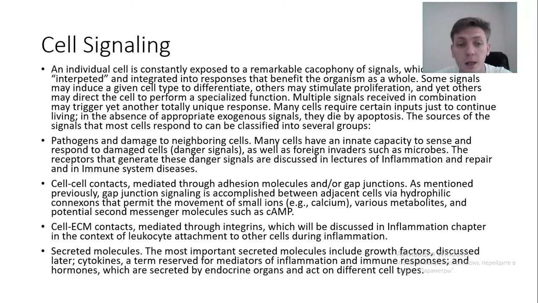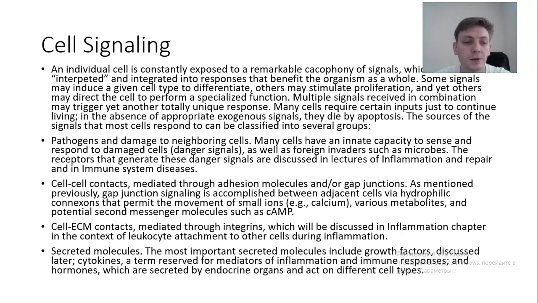As mentioned previously, gap junction signaling is accomplished between adjacent cells via hydrophilic connexons that permit the movement of small ions like calcium, various metabolites, and potential second messengers such as cAMP, cyclic adenosine monophosphate.